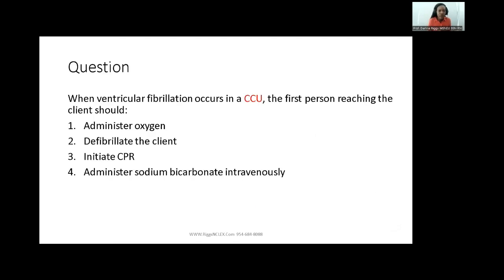Okay? Try this question. When ventricular fibrillation occurs in a CCU, critical care unit, should the first person reaching the client administer oxygen, defibrillate the client, initiate CPR, or administer sodium bicarbonate IV?